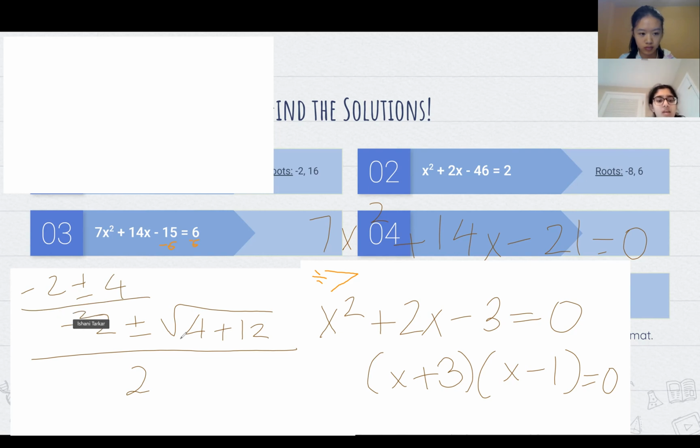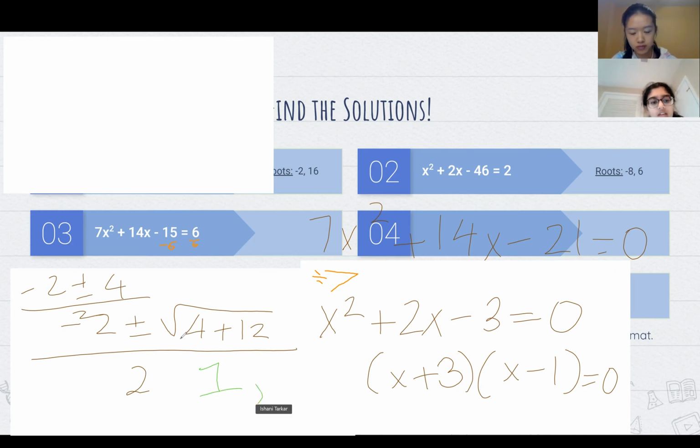And now we can either divide everything by 2 here and then solve, or we can just solve it immediately. So negative 2 plus 4 is equal to 2, so 2 divided by 2 is equal to 1. So 1 is one of our solutions.